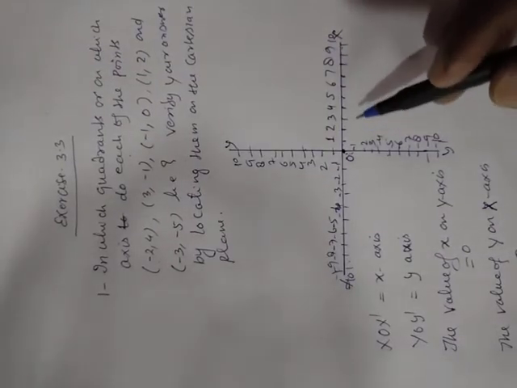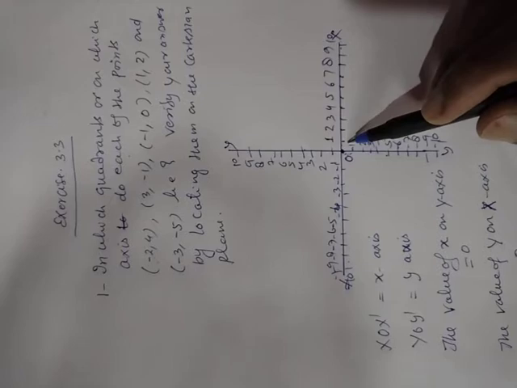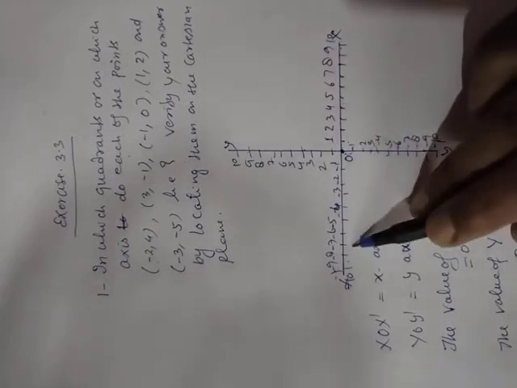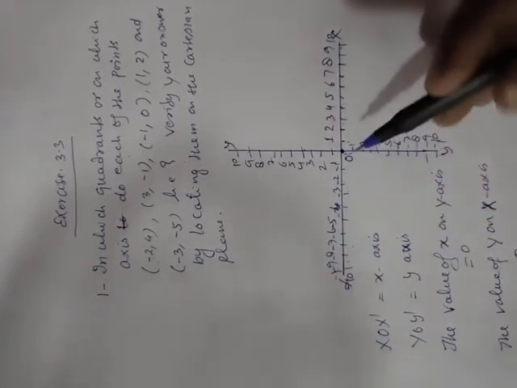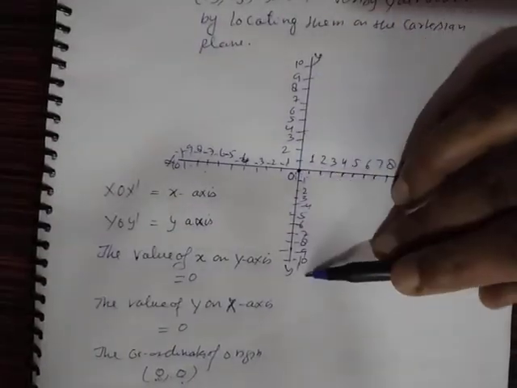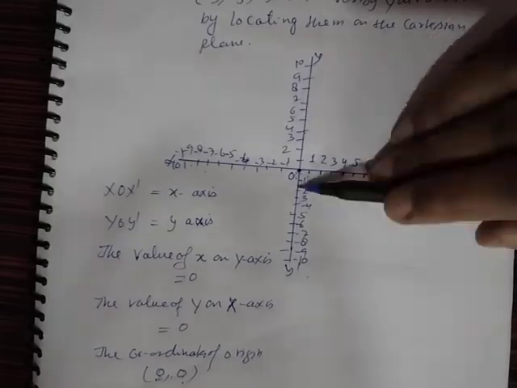I have fixed numbers from 1 to 10 at equal distance on the x axis, on the right side of the origin and the left side of the origin, just like a number line, and you have also located this as a number line Y O Y dash, right side plus, left side minus.